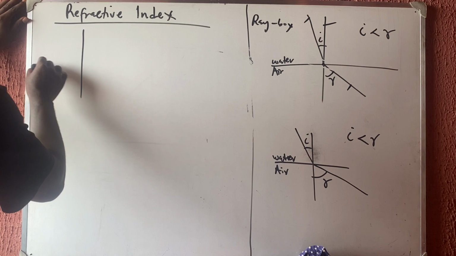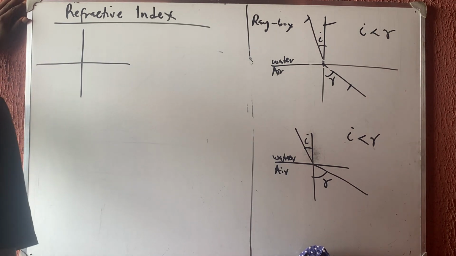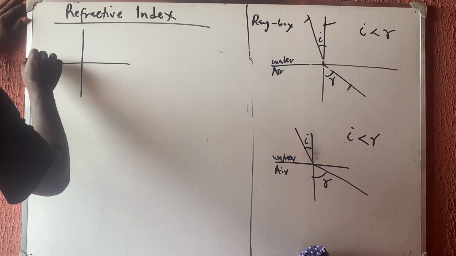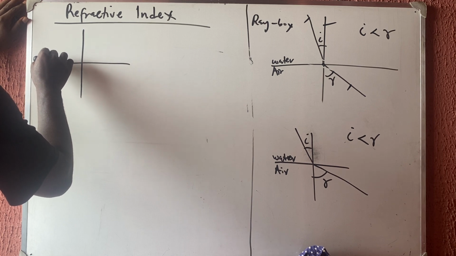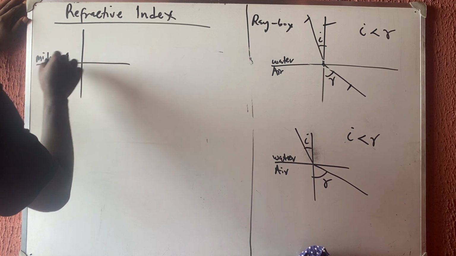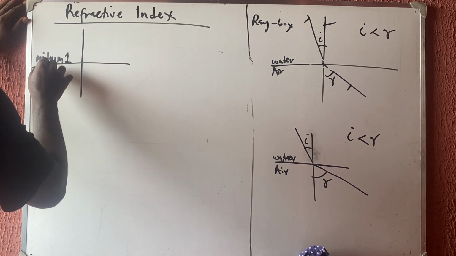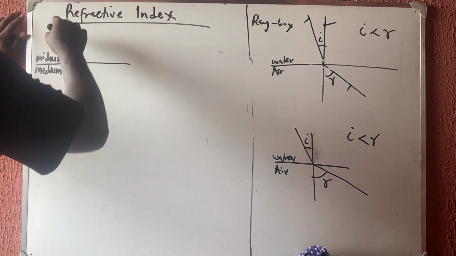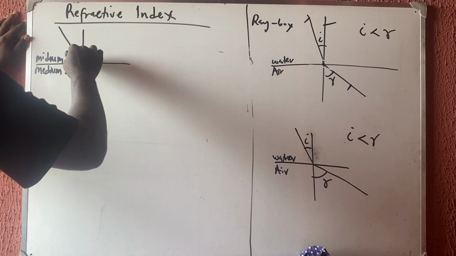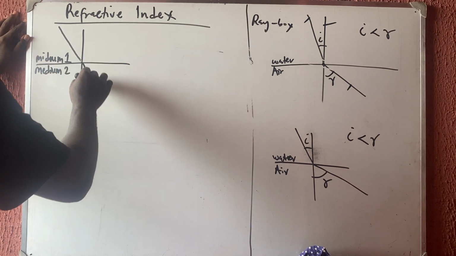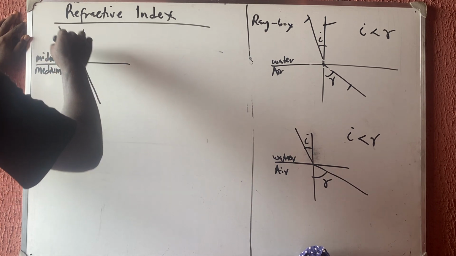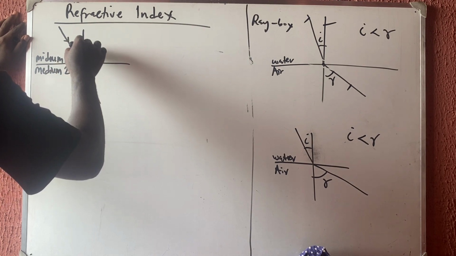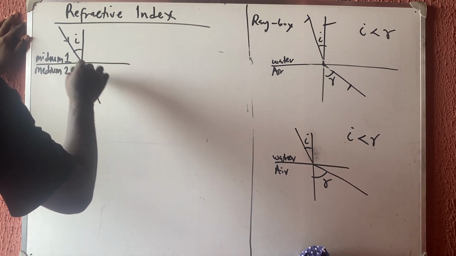Now let us do something. Watch me now. I have two media like this: this is the first medium, medium 1, and medium 2. My incident ray comes like this, and my refracted ray goes this way. So this is my i, and this is my r.